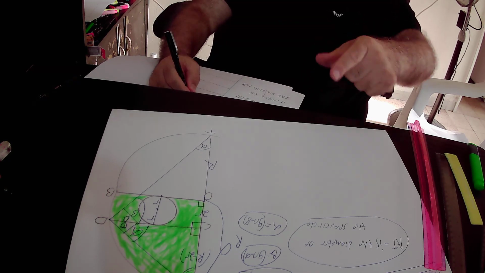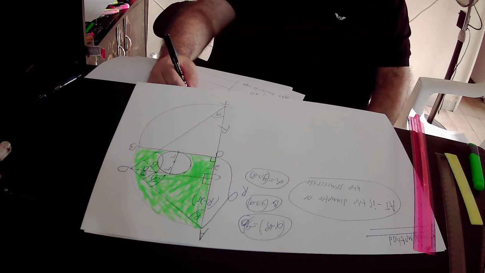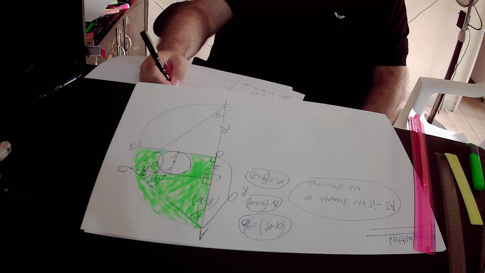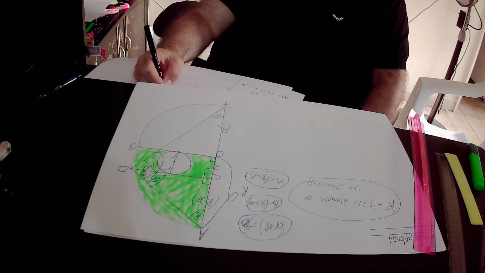AC equals capital R minus 2R, CD equals 8, and CT equals capital R plus 2R.